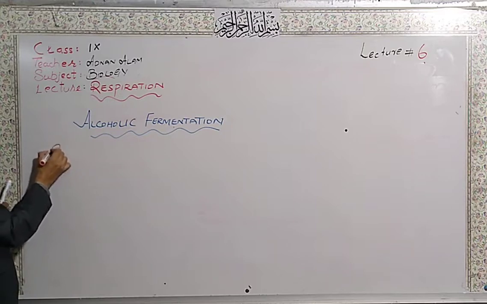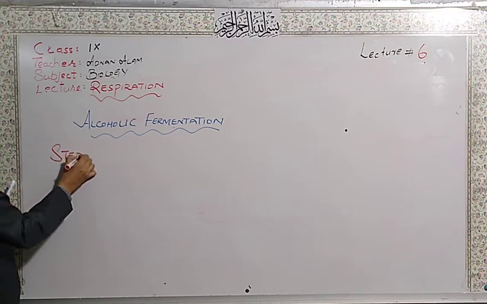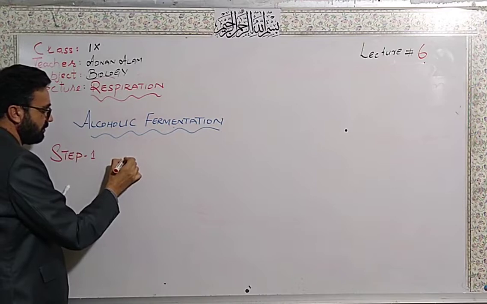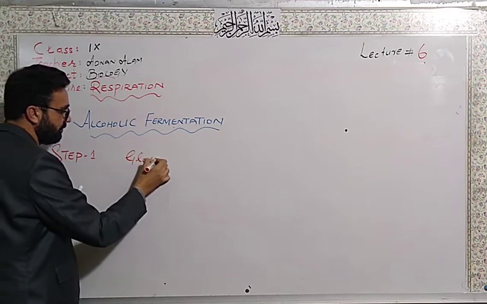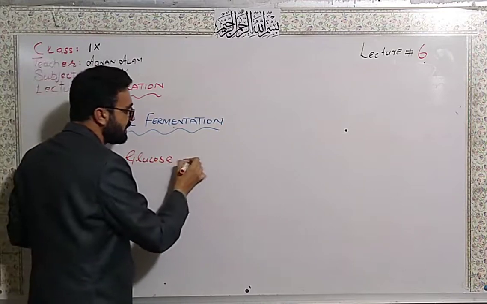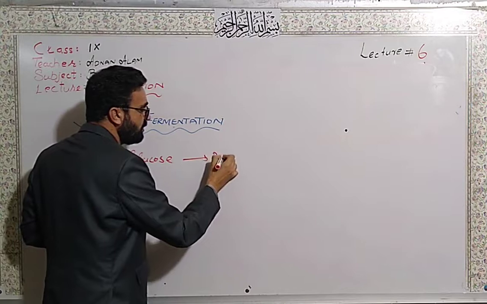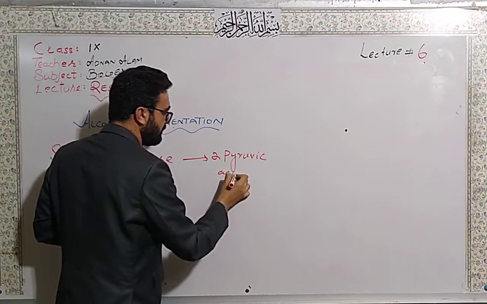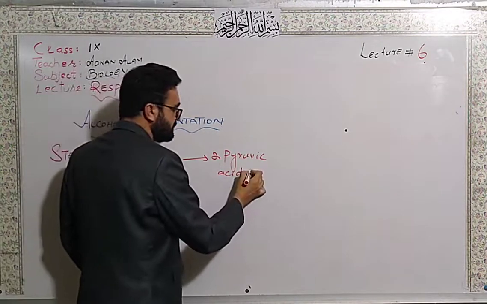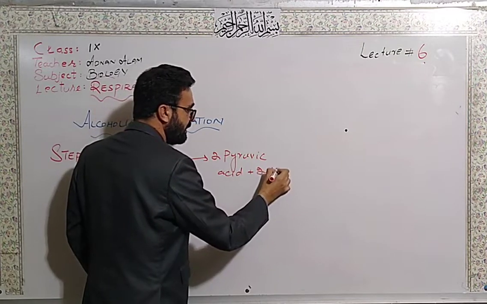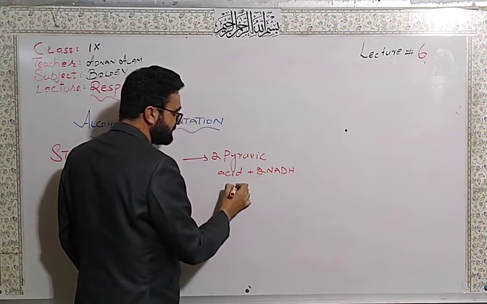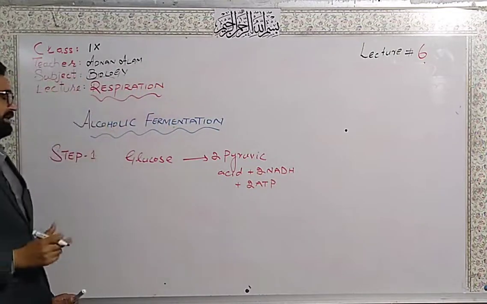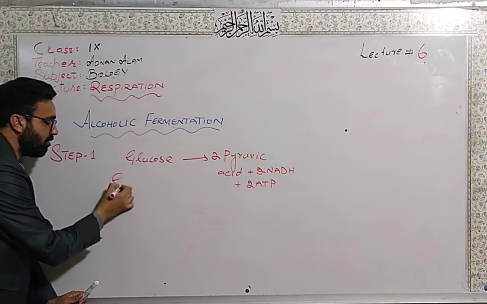In step 1, the glucose molecule is converted into 2 molecules of pyruvic acid plus 2 NADH plus 2 ATPs. And this is called glycolysis.